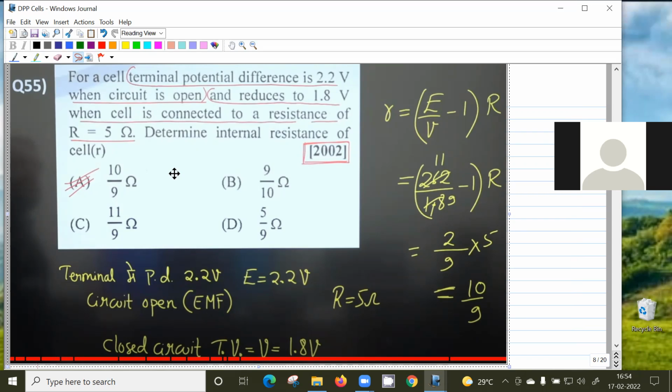Open circuit means that there won't be any current flow. So the terminal voltage will be the same as the cell EMF. So the cell EMF E is 2.2 then.